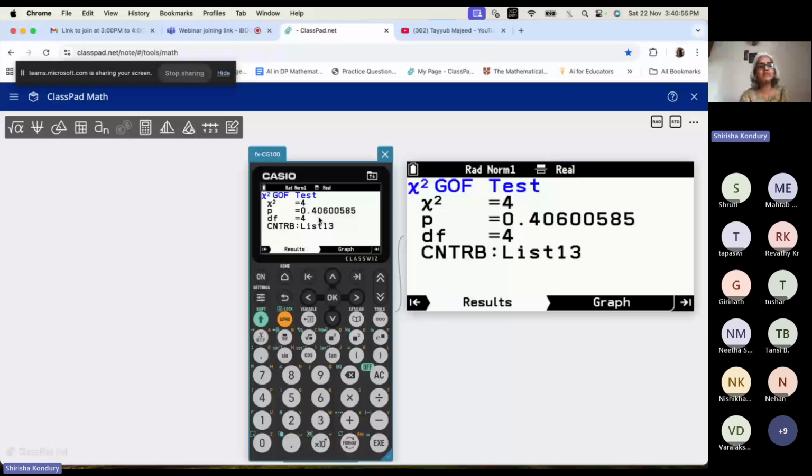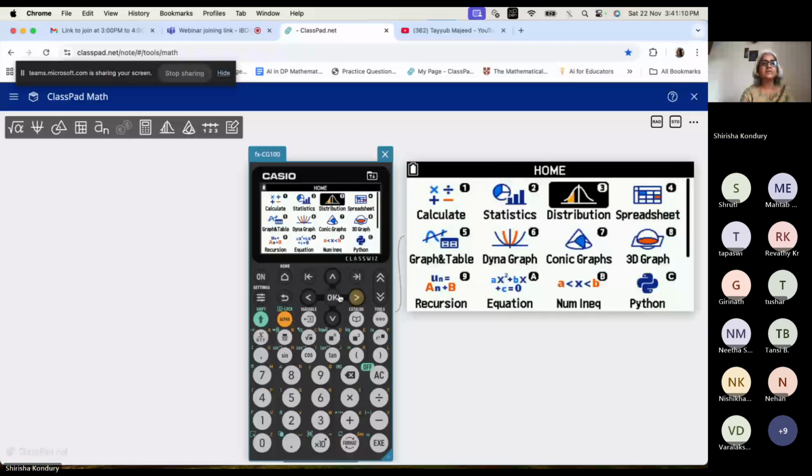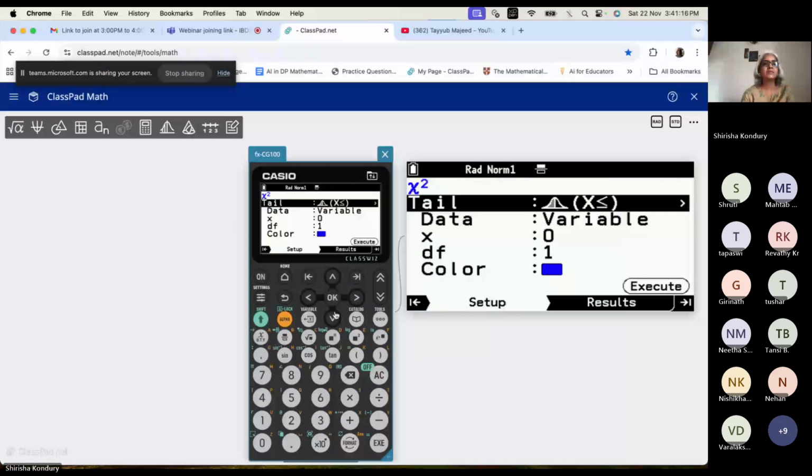However, here, like again I said, we can also compare the critical value. So if we go to the distribution, I can look at the chi-square distribution here. And what am I checking for? I'm looking at the tail say less than.